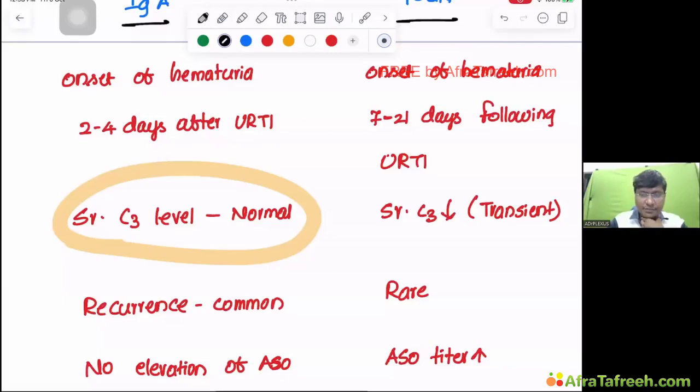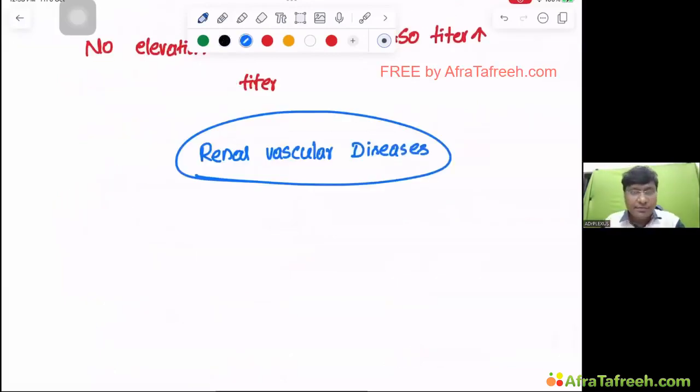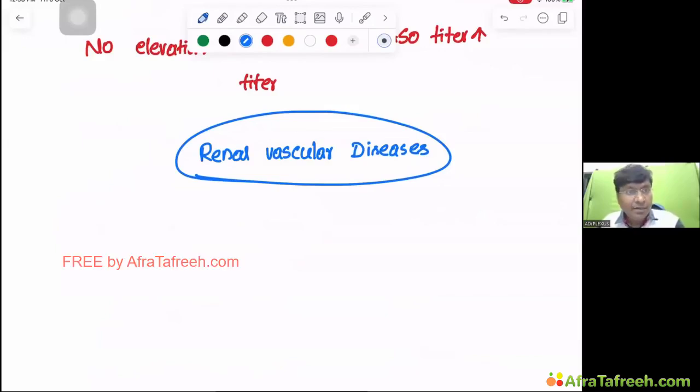Then the topics that we are due with: renal vascular diseases, then polycystic kidney disease, and one more important topic, that is ciliopathies. Then we have HUS, that is hemolytic uremic syndrome, and renal tubular acidosis.